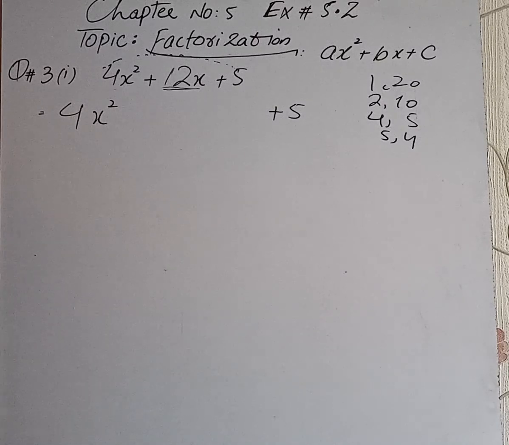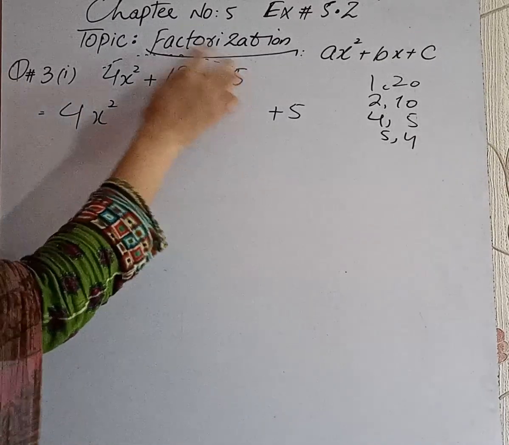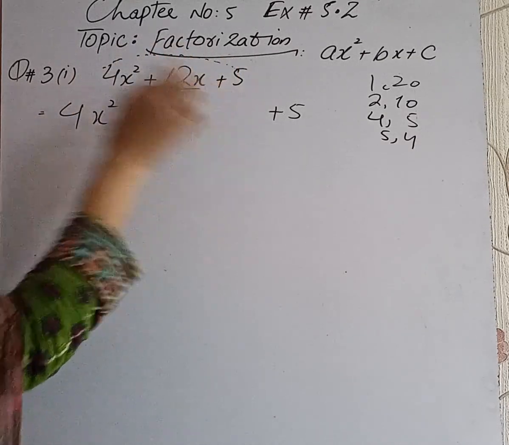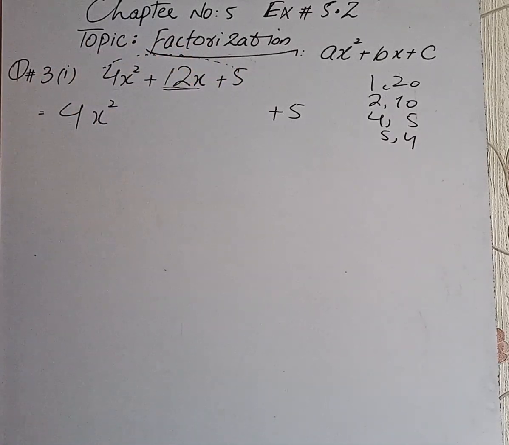But what we have to check is that the pair we choose should give us plus 12x after adding or subtracting, and should give us plus 20 after multiplying, that is 5 times 4. So the possible pair from here, we need 12.